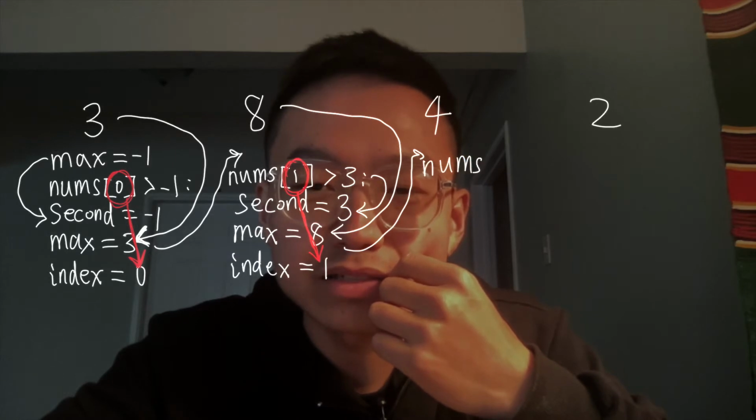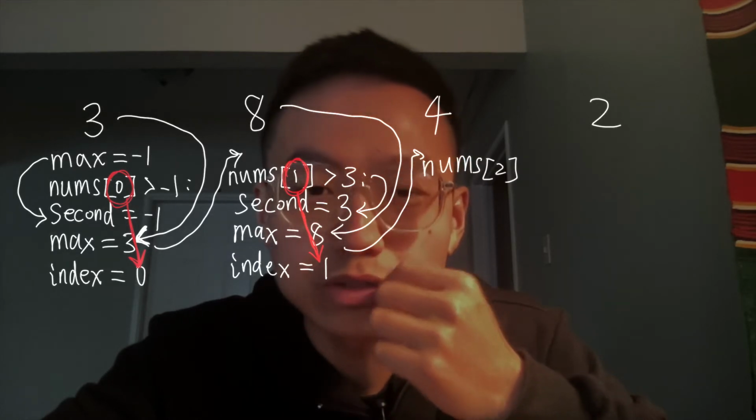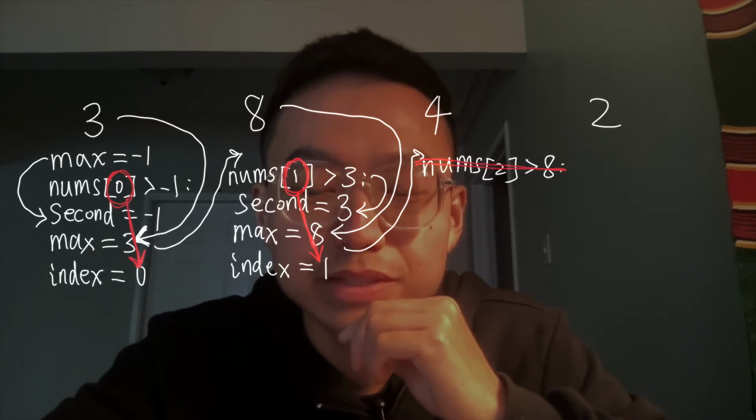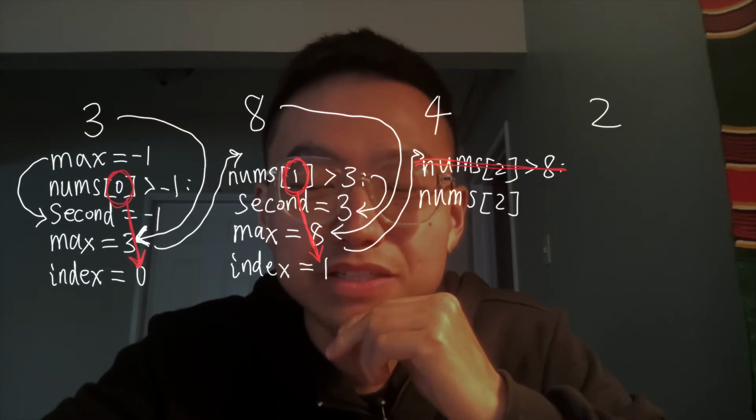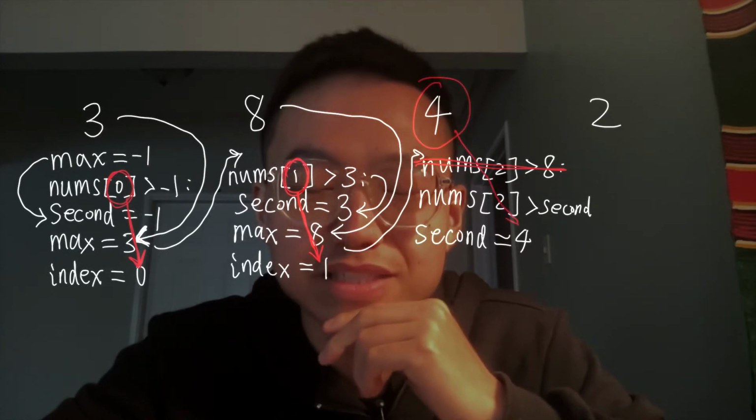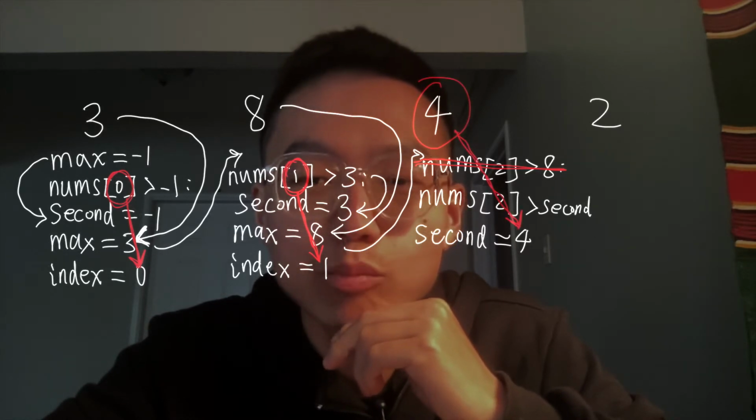Now we can see the third element, which is not bigger than the 8, the biggest. So we skip, but the 4 is bigger than the second variable. So the second variable is assigned the number 4 now, and we can move on.